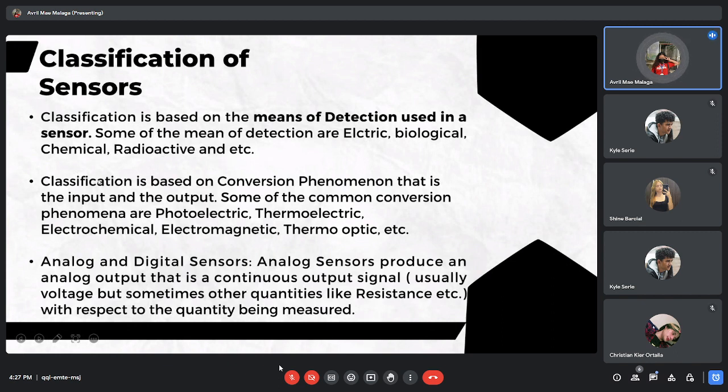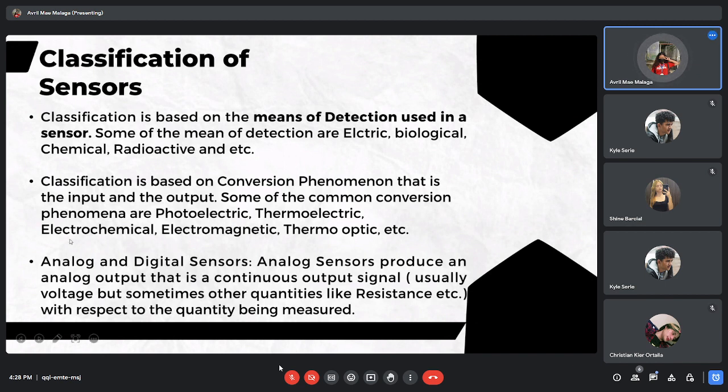The third classification is based on the conversion phenomenon, that is the input and the output. Some of the common conversion phenomena are photoelectric and thermoelectric sensors. The input will be temperature and the output will be an electrical quantity.